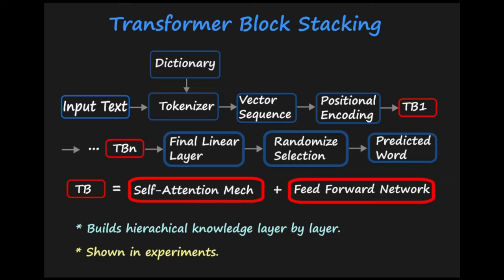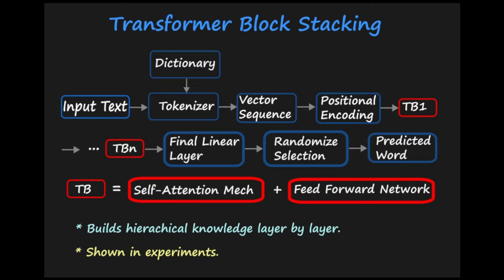So the first block learns basic level patterns. The next transformer block learns patterns of those patterns, and the next learns patterns of the prior block's patterns, etc. In so doing, knowledge is built up in a hierarchy, stacking block on block.